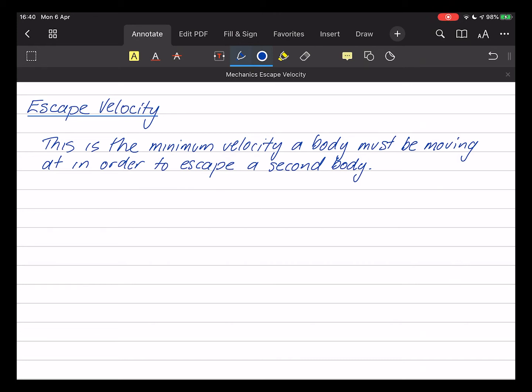So in the previous lesson, we looked at this idea of mechanical energy. And we said that the mechanical energy is equal to the sum of the kinetic energy plus the gravitational potential energy.